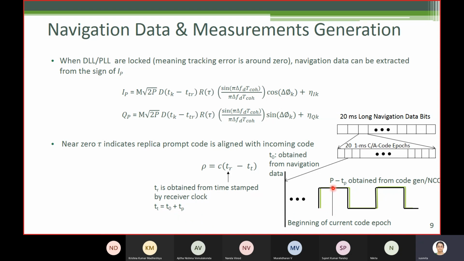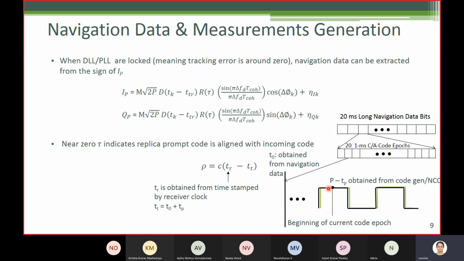So this is some point in the current chip. Where does this chip lie relative to the beginning of the current code epoch? That information can be obtained from the code generator and NCO. How? We know that the code generator holds the current chip. So from there we get to know how many chips have passed since the beginning.